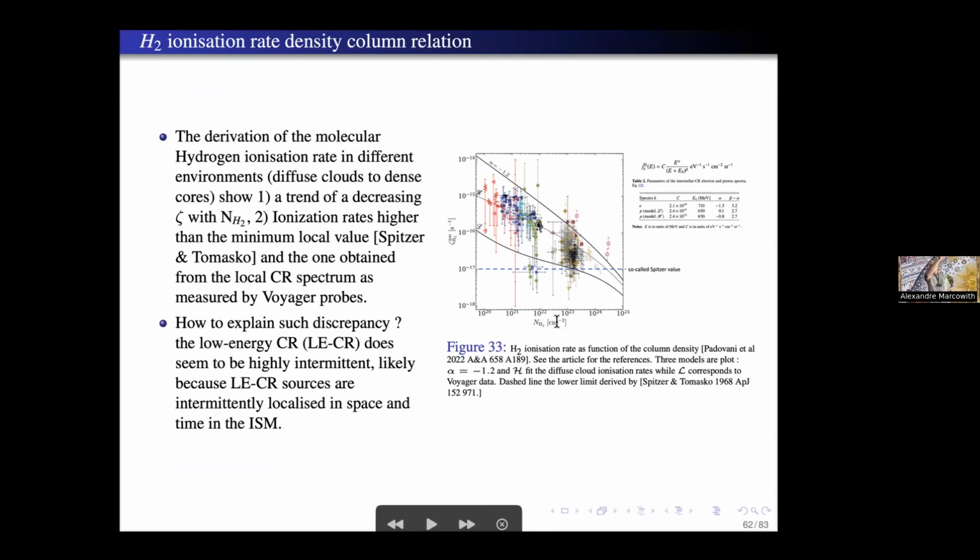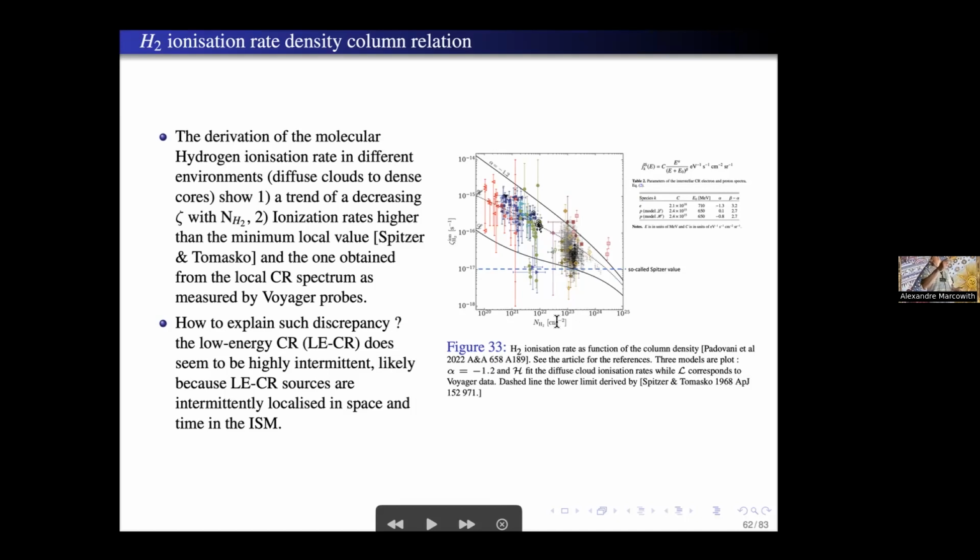There are plenty of observations, from diffuse clouds to cores. The global trend is that it decreases with increasing column density. These are all effects combined, radiation and cosmic rays.